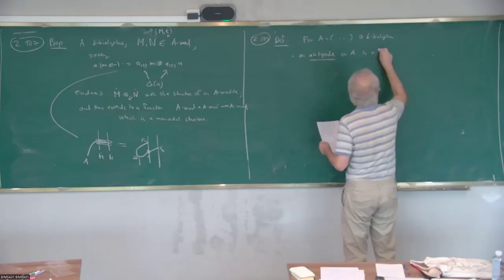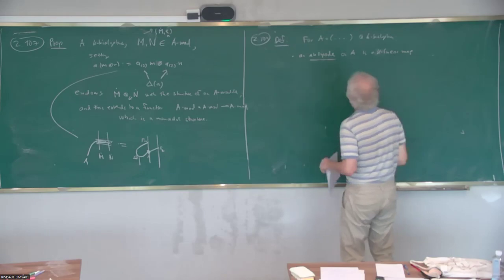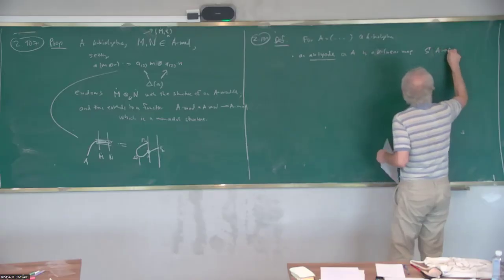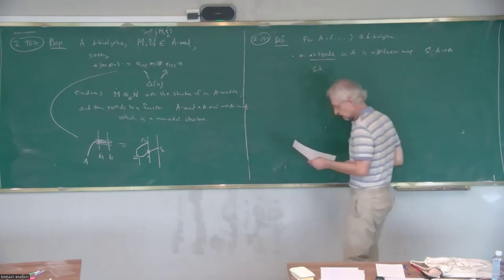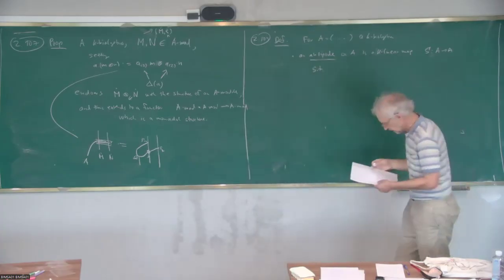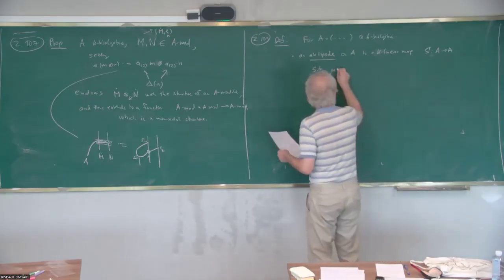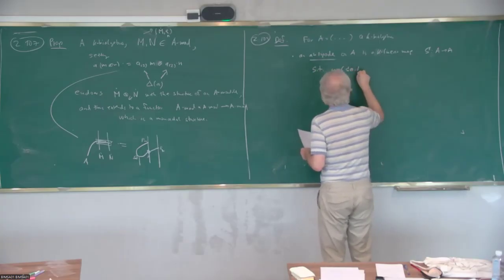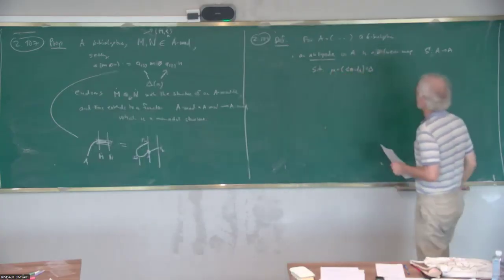often denoted by S from A to itself, such that, and here I write the requirement first as a formula, but it becomes again much clearer, I would say, if you draw this.